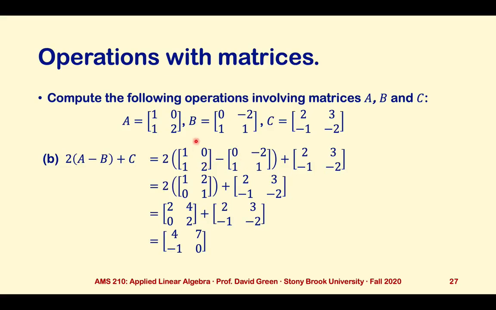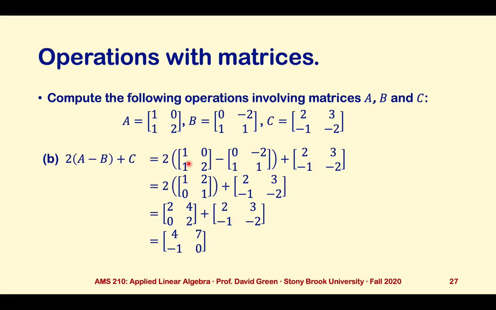This difference is found by subtracting the corresponding elements. So 1 minus 0 is 1. 0 minus -2 is 2. 1 minus 1 is 0. And 2 minus 1 is 1. So this piece here is the result of that first difference. Then we apply the scalar multiple to that difference.